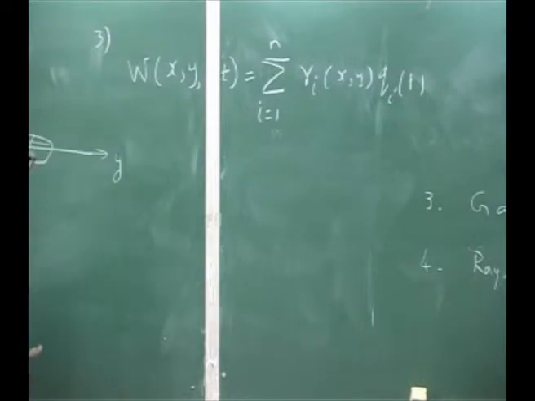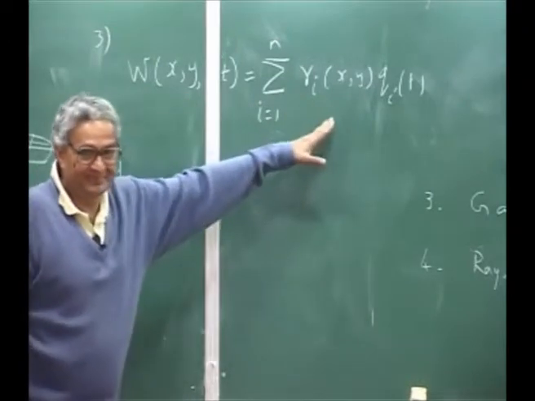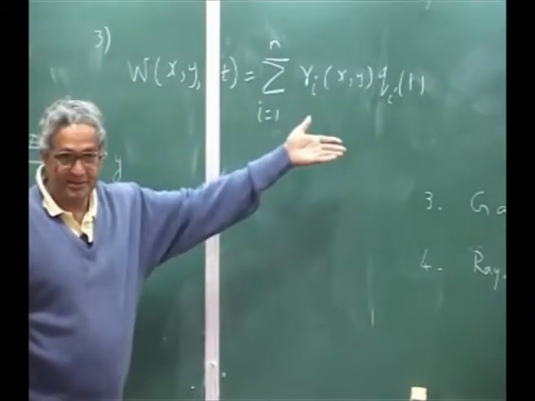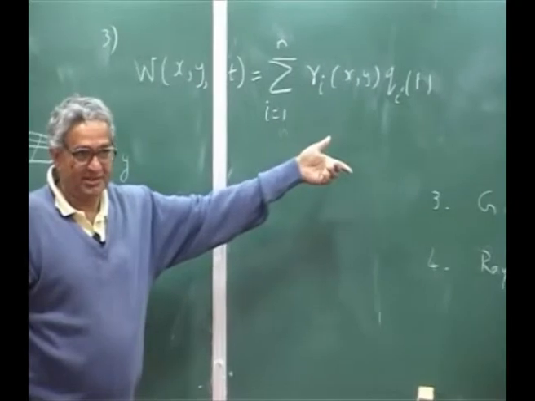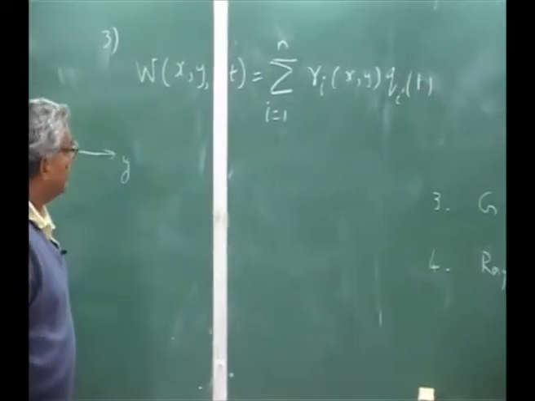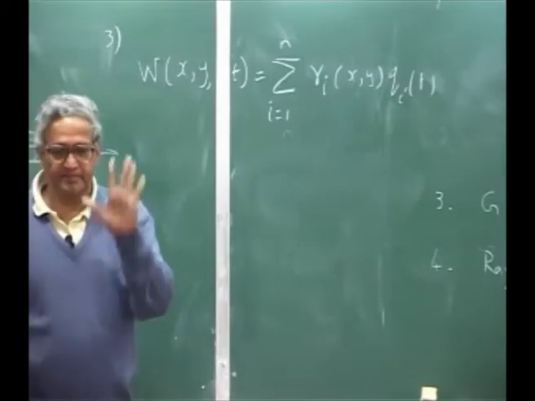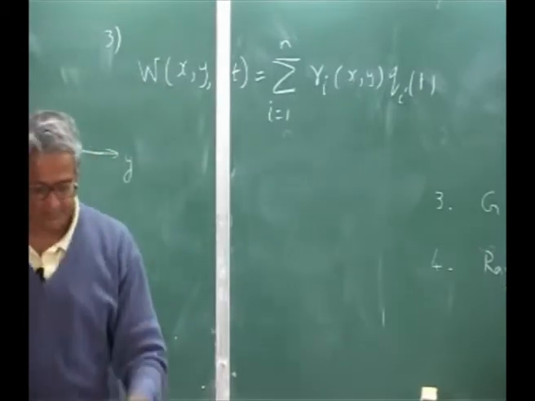Now here again I am choosing, okay. Please understand, this is a little different from the method which I mentioned earlier. You take this and substitute it in your equation.